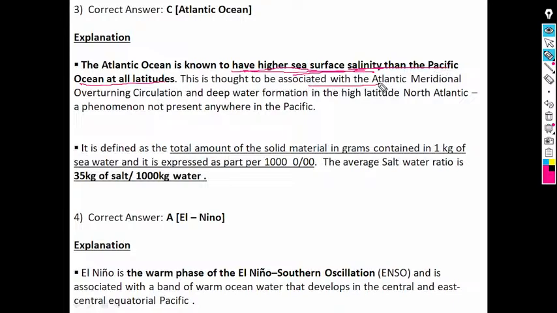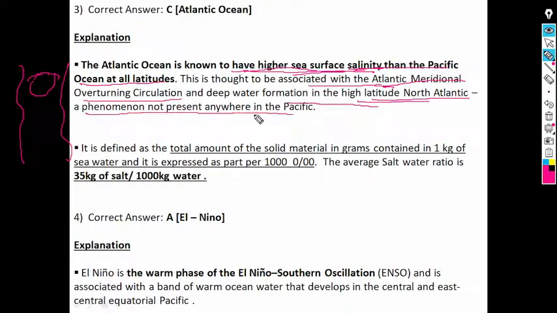This is thought to be associated with the Atlantic meridional overturning circulation and deep water formation in the high latitude North Atlantic, a phenomenon not present anywhere in the Pacific.